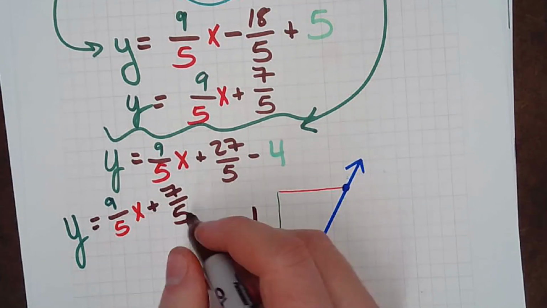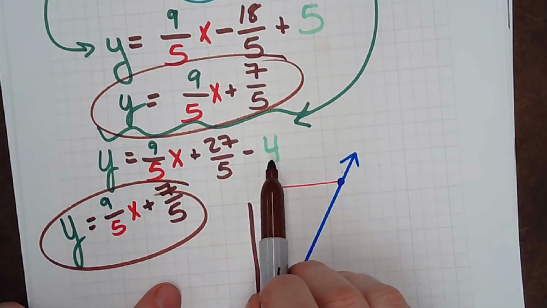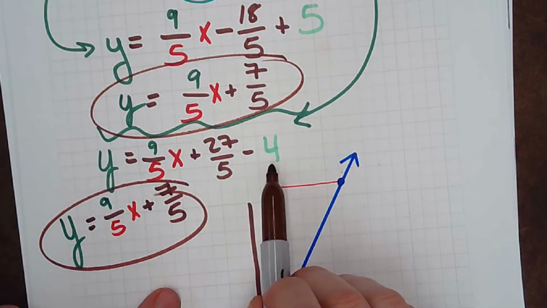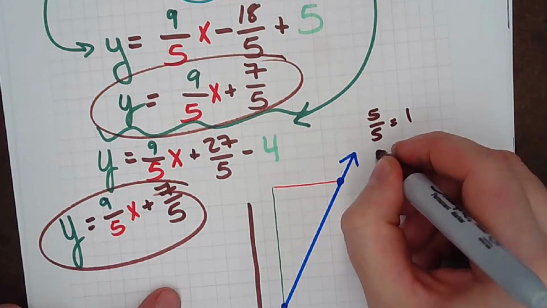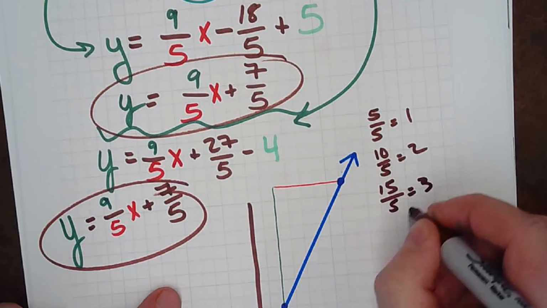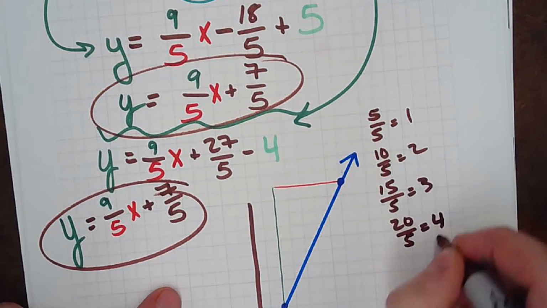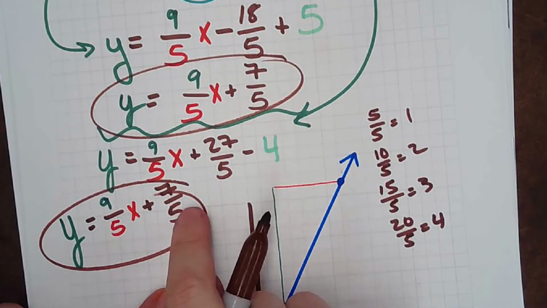Again, the way I got that 7/5 is that I had negative 20/5 here. That's what 4 is equal to, right? We had 5/5 in 1, we had 10/5 in 2, we had 15/5 in 3, so we have 20/5 in 4. So 27/5 minus 20/5 is 7/5.